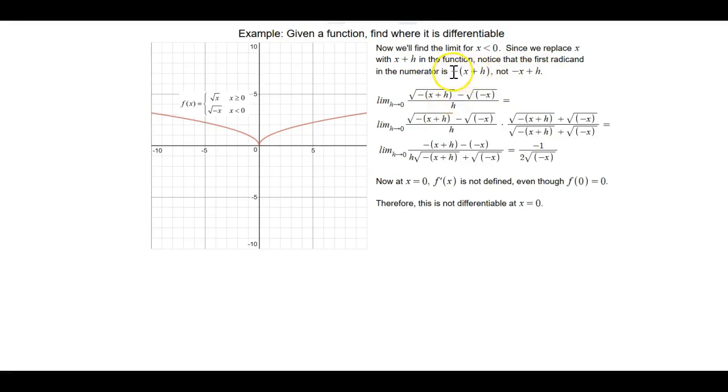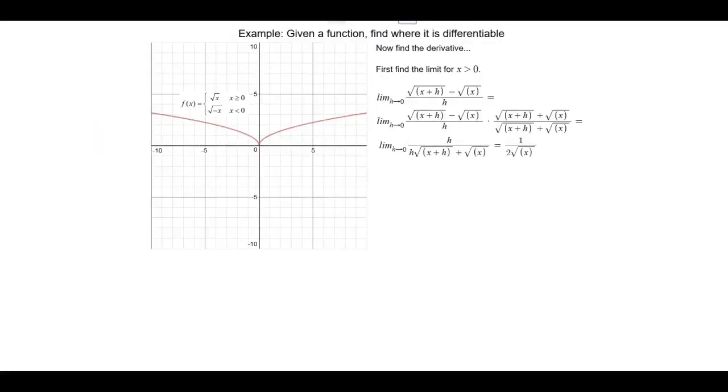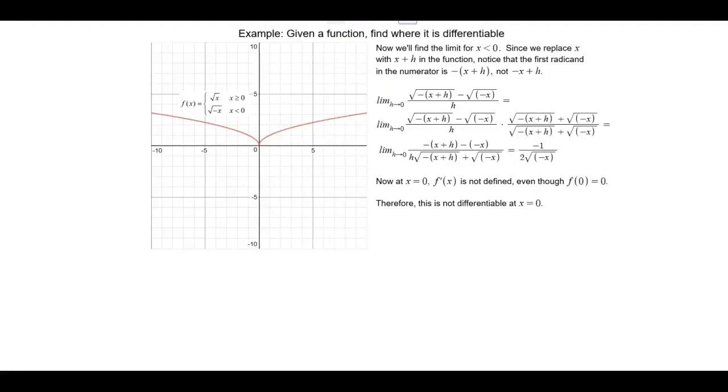So that means that this should be minus quantity x plus h. If you go through the algebraic manipulation here, you get minus 1 over 2 times the square root of minus x. So you've got two different functions, one for one side and one for the other. Neither one of them is defined at 0. So this function is not differentiable at x equals 0.